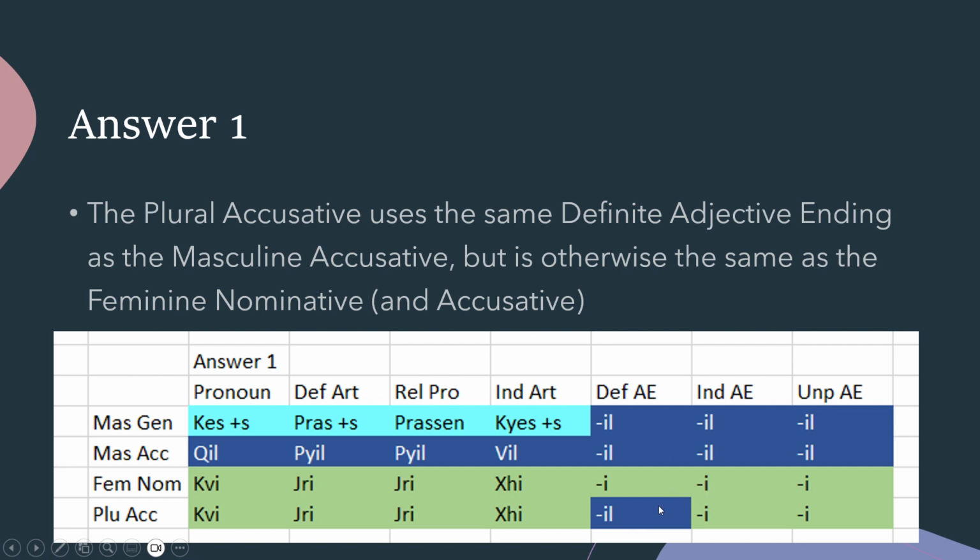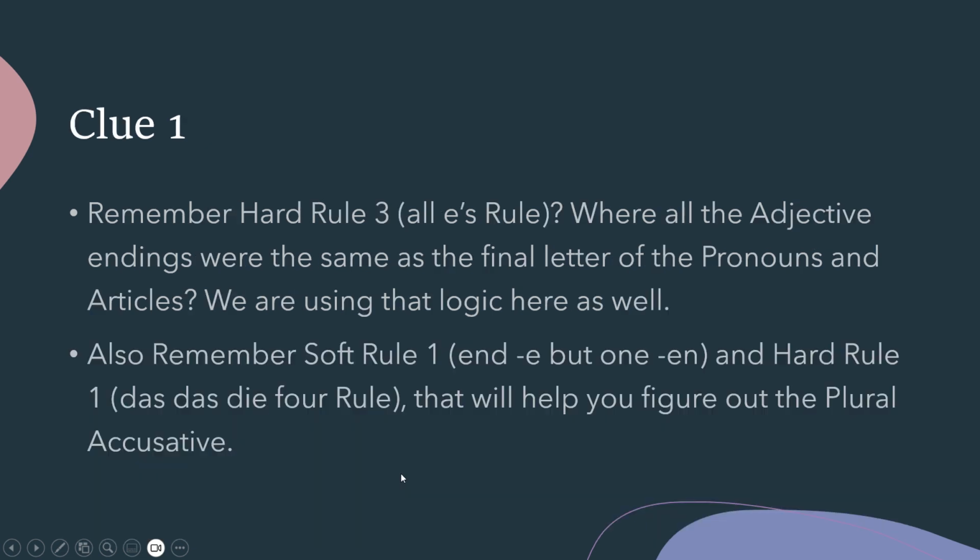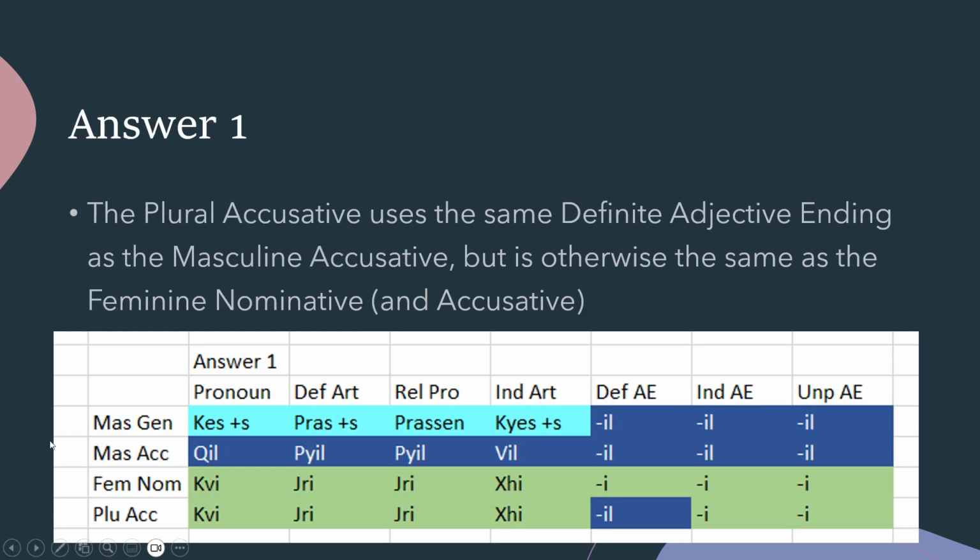Now, how can you tell that this is E or I at the end? Again, remember the all E's rule, where all of the words ended with the same letter. Based off of the logic that German uses, the final letter, which in German would be sie, die, meine, is going to be the same.